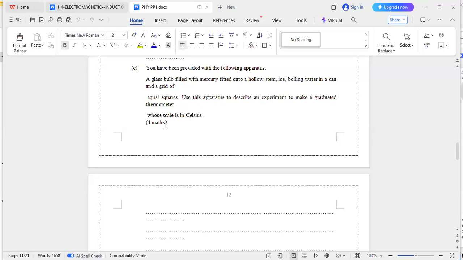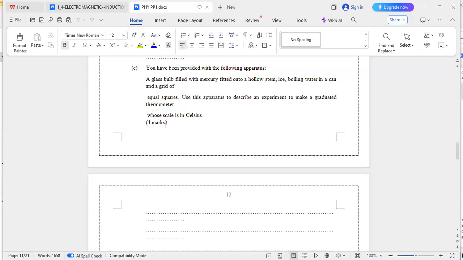So the next stage is suspend the thermometer above the boiling water under normal atmospheric pressure, and mark the new mercury level as Y. So Y is the upper fixed point.